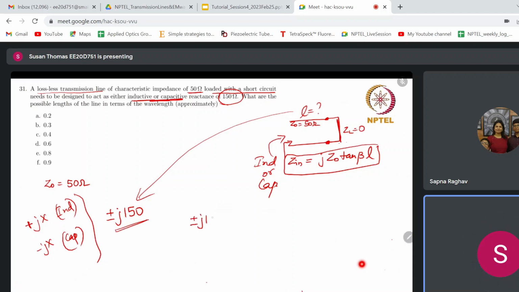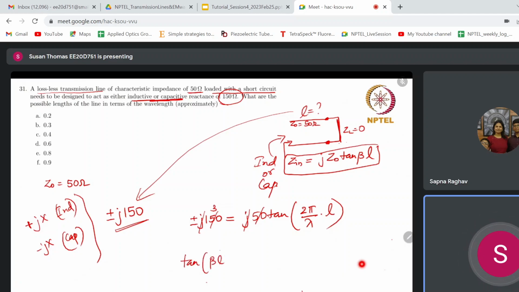So let me write plus or minus j150 is equal to j into Z naught, which is 50, tan beta L. Beta is 2 pi by lambda, and L is something which we need to find. Now 50 and 150, j and j get cancelled. This will become 3. So I can write tan beta L is equal to plus or minus 3.